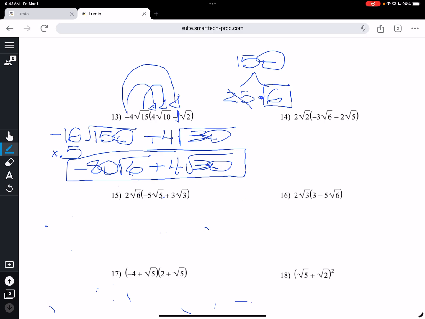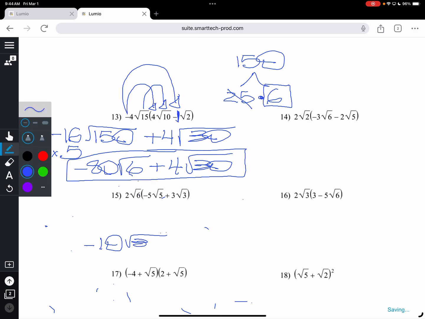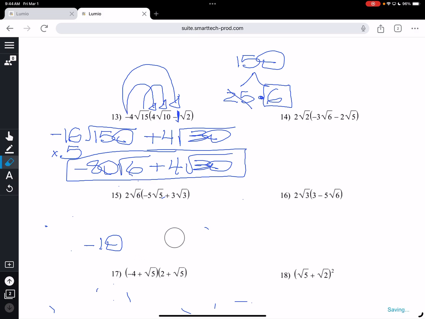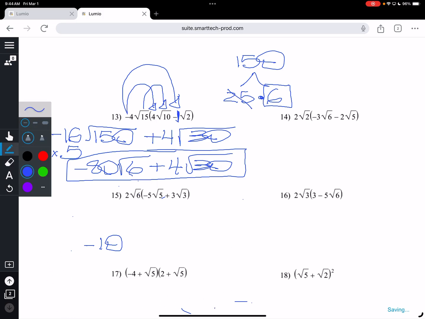Negative 10 radical 30 plus 6 radical 6. Almost. Negative 10 radical 30, plus 6 radical 6. Nope, that part didn't work. Is it negative 10 radical 30 plus 18 radical 2?